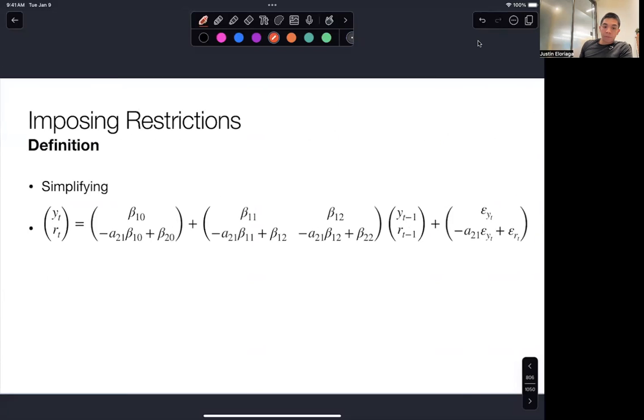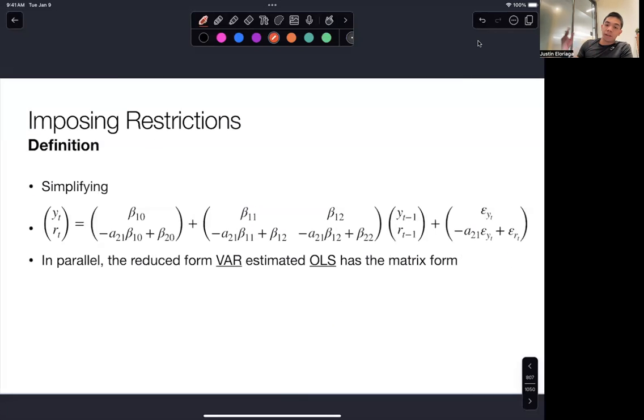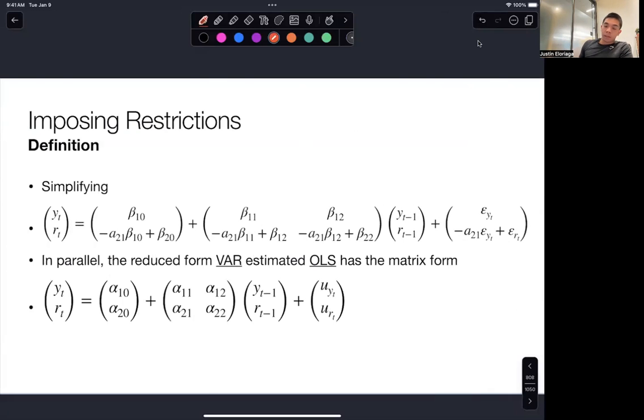So simplifying, in parallel, the reduced form VAR estimated by OLS has the matrix form below. If you notice, this was a reduced form VAR. Now, when we impose a structure, the reduced form VAR looks something like this.